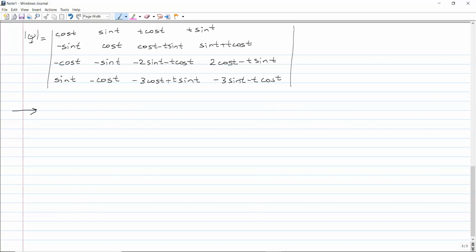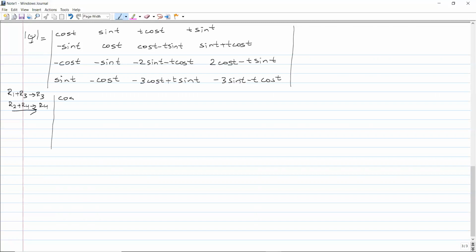You see, in the first row, it starts with cosine t, and the third row, it starts with minus cosine t. So I'm going to take the first row and add it to the third row. And also, the second row starts with minus sine t, and the fourth row starts with sine t. So I'm going to take the second row and add it to the fourth row. And this will simplify the determinant somewhat.